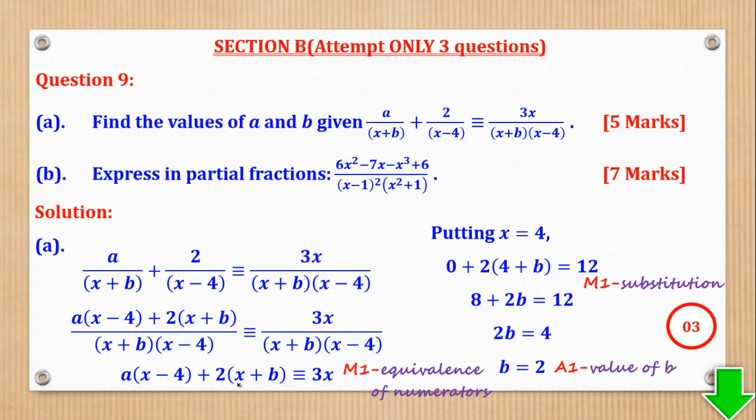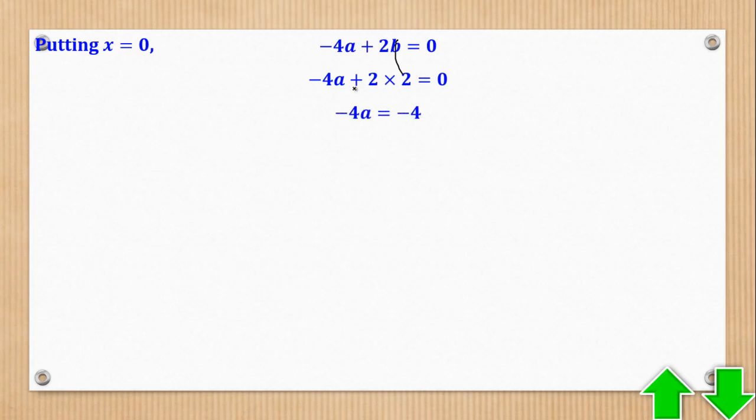If I make this 0, it means x is equal to negative b. Therefore, I need to just get any other value of x, which is simpler. And of course, the best is x equal to 0. I'll come up with that, substitute for b, and make a the subject. And that's what they wanted.